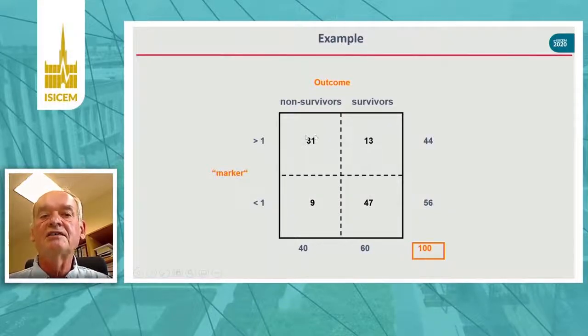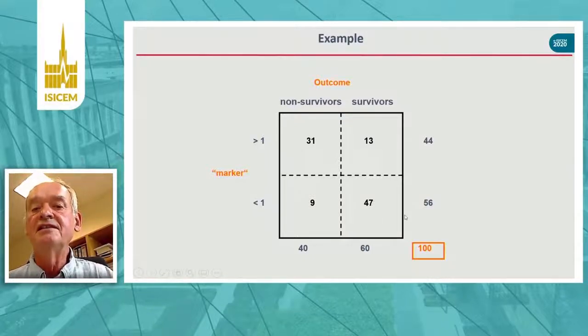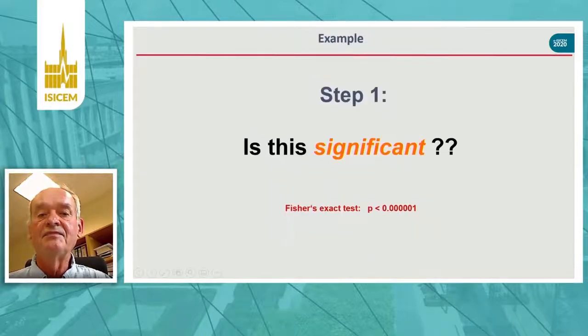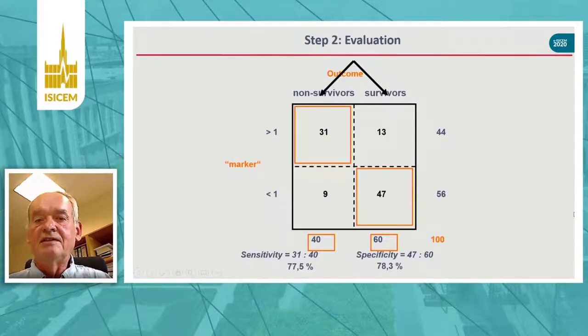The non-survivors have more positive markers, the survivors have more negative markers. However, the first question always is, is this significant? And the example I showed you is extremely highly significant in a Fisher's exact test. But this is not enough.